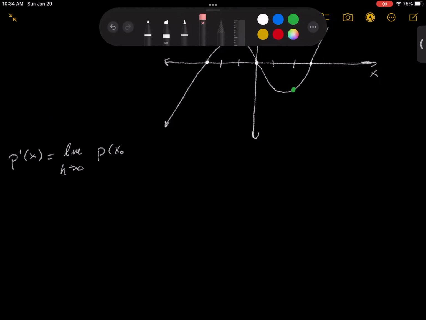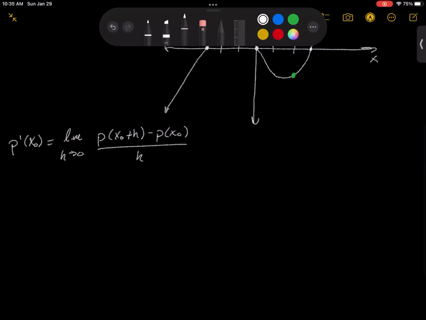If I'm evaluating a derivative at a point x naught, then it would be p at x naught plus h minus p at x naught over h. Right, this right here is the slope of the secant line. And then this limit turns those secant lines into a tangent line, right? I collapse an interval around x naught. This is our definition of the derivative.